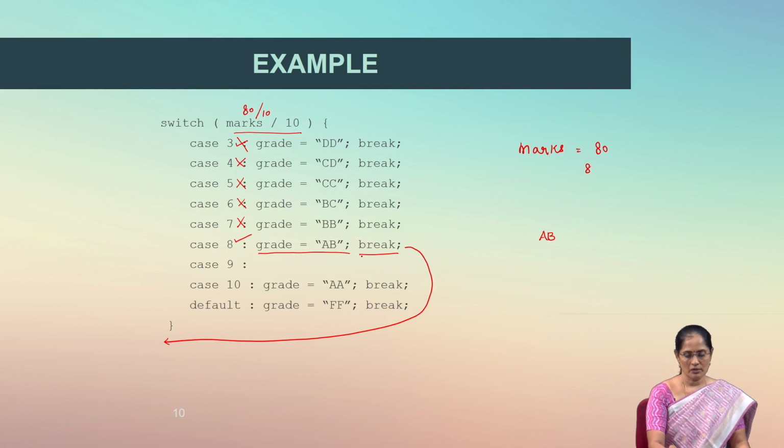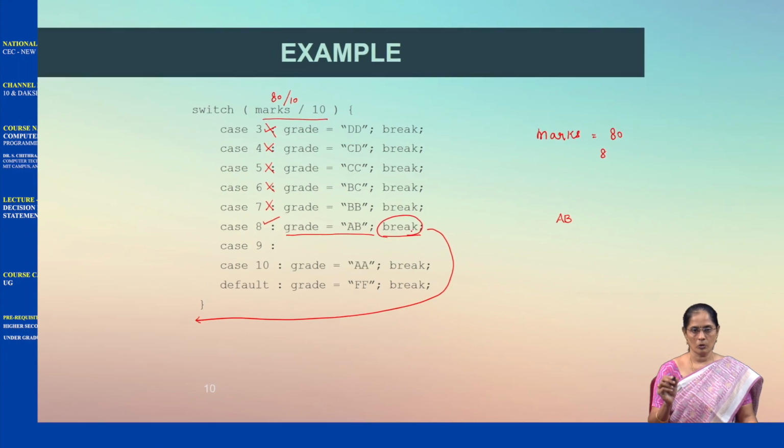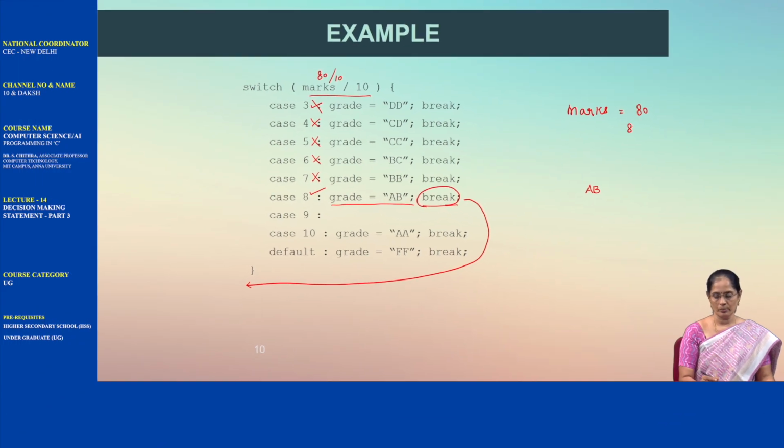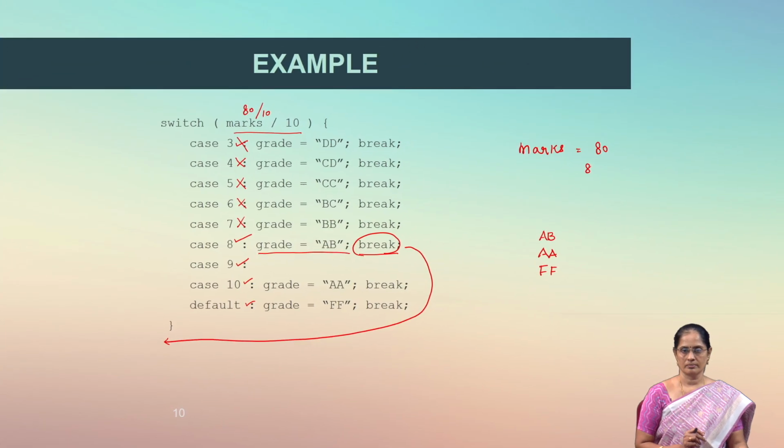If I am not giving the break statement here, the output will be AB, AA, and also FF, because each of these conditions is also true if there is no break. If there is a break, it displays only one value.